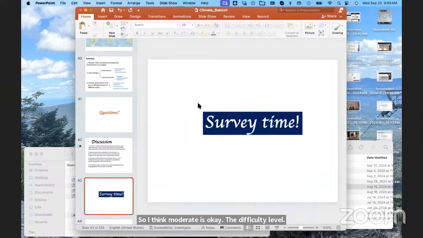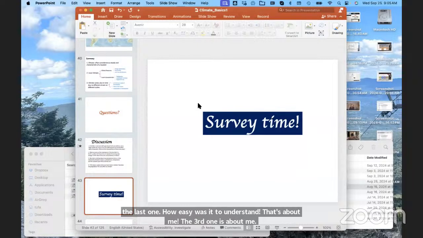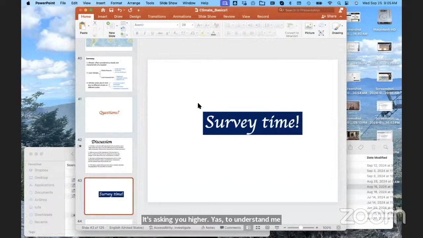The last one, how easy was it to understand? That's about me. The third one is about me. It's asking you how easy it is to understand me. Am I able to explain the concepts? So the first one is about the presentation itself, the slides. Second one is about the content.